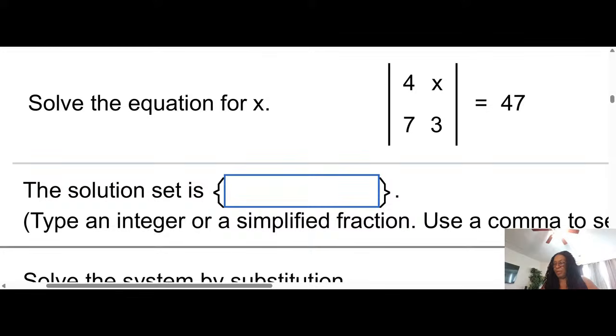I am going to pull up another matrix equation. All right, so let's go and find another matrix equation.